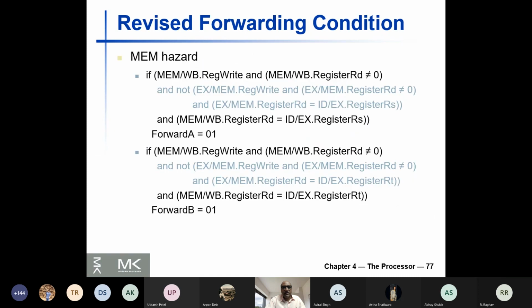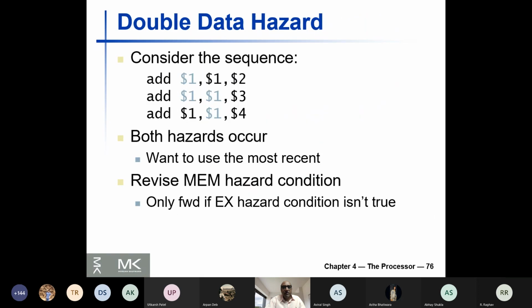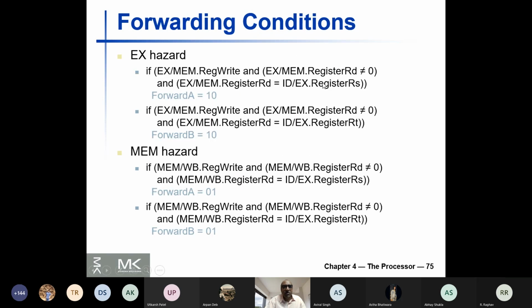Right. Here there is one problem in the data hazards. If you have these two forwards, the execution hazard and the memory hazard, in most cases only one of these two will be true.